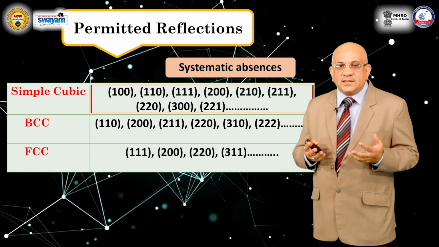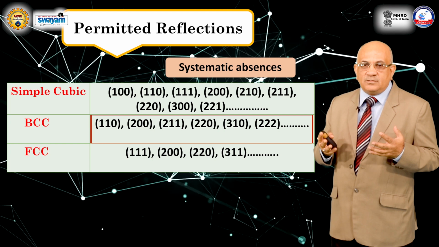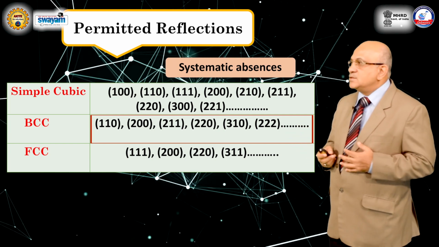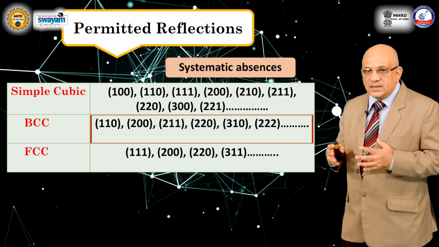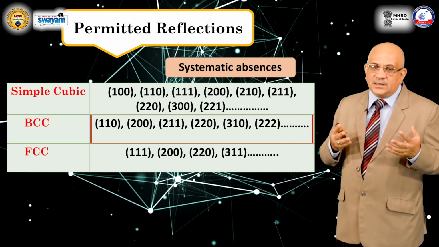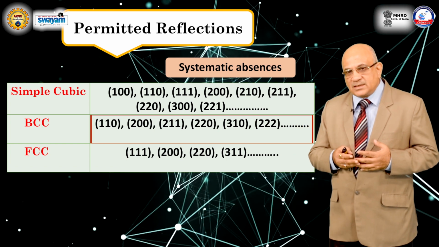Whereas, for a body centered cube, you have restrictions. That means 110 is allowed, but 111 is not allowed. 200 is allowed, but 210 is not allowed. Again 211 is allowed because 2 plus 1 plus 1 is even, and that is allowed by the argument which we discussed based on structure factor.